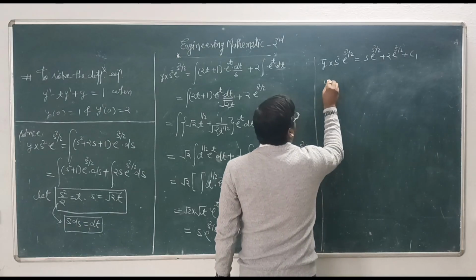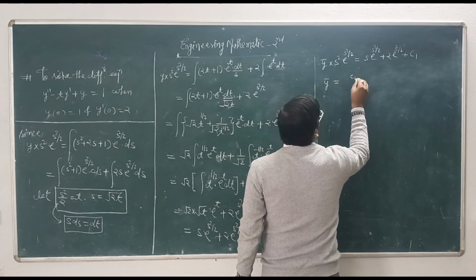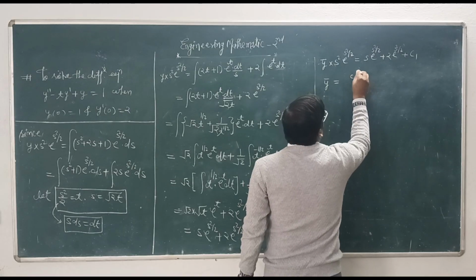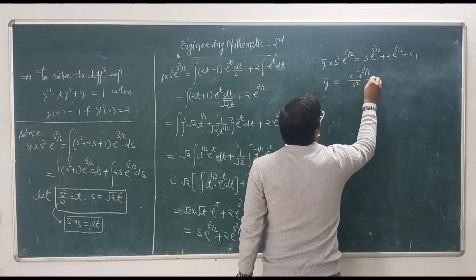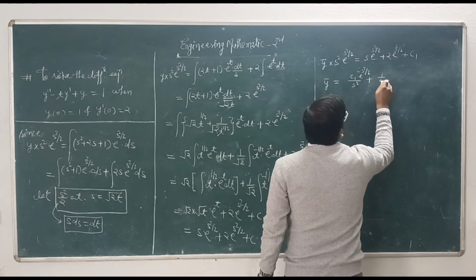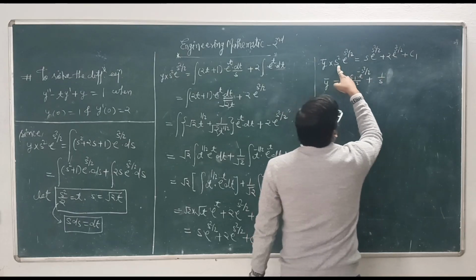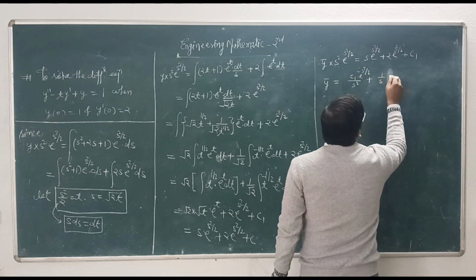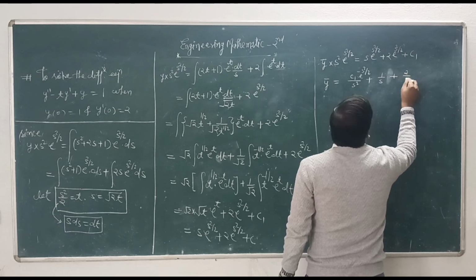Now you can write y bar is equal to C1 e to the power minus s square by 2 upon s square plus, this is multiplied, this means 1 upon s, plus 2 upon s square.